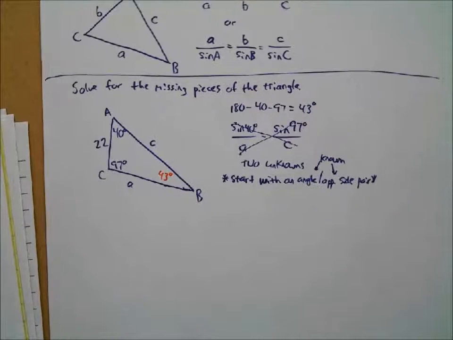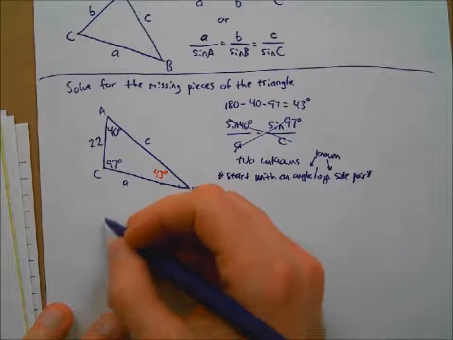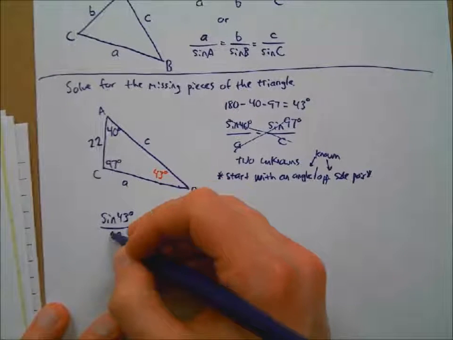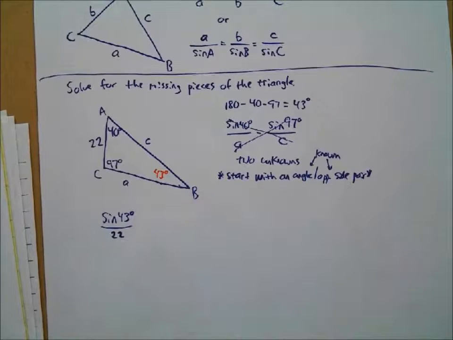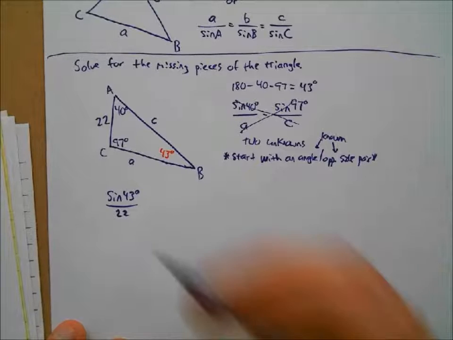So in other words, what's a known pair of angle and opposite side? The B, right? Angle B and side B. And so we want to start off with sine of 43 over 22. And by the way, for whatever reason, I normally do sine over the side, but you don't have to do it that way. If you want to do 22 over sine of 43, that's fine too. Just make sure you flip the other ratio.